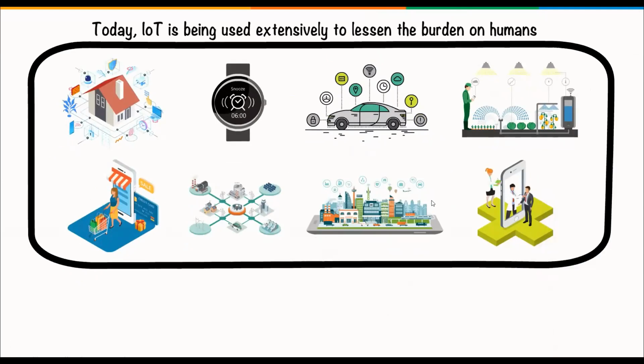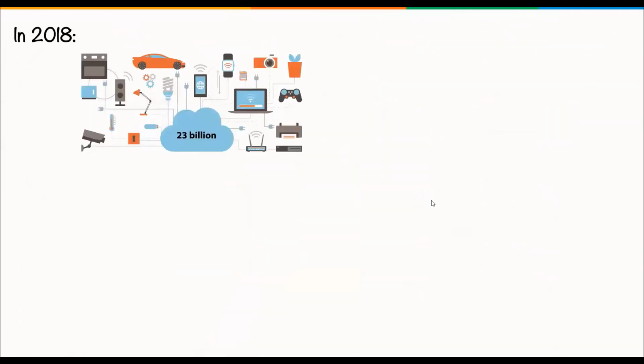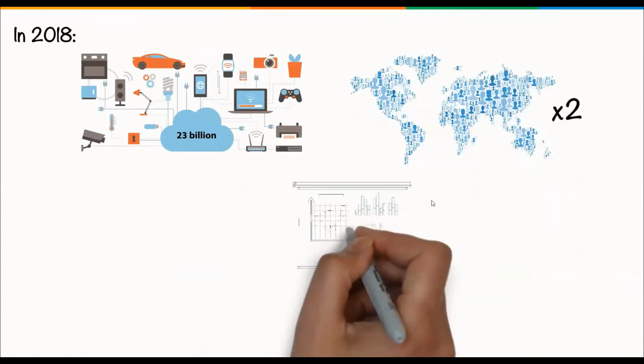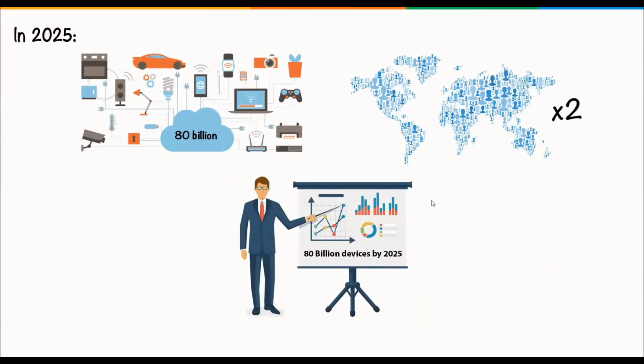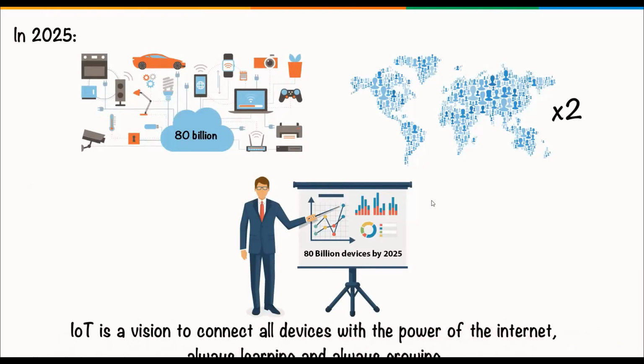With such a wide spectrum of applications, the future of IT looks more promising than ever before. In 2018, there were about 23 billion connected devices, which was more than double the world population. According to experts, there will be over 80 billion devices by 2025. IoT is a vision to connect all devices with the power of the internet, always learning and always growing.